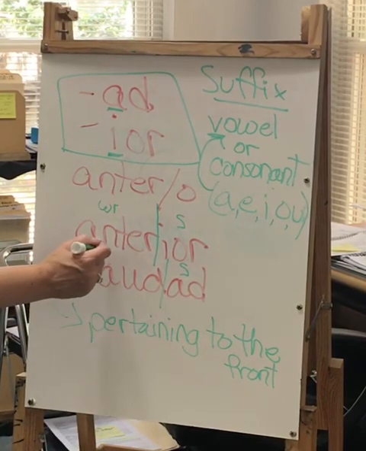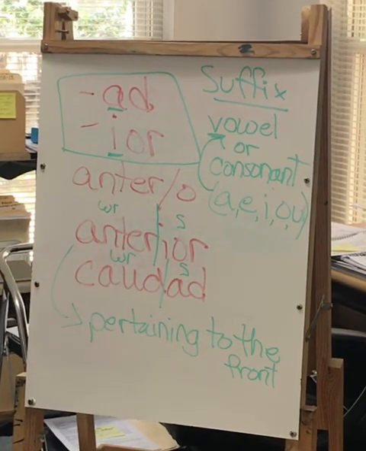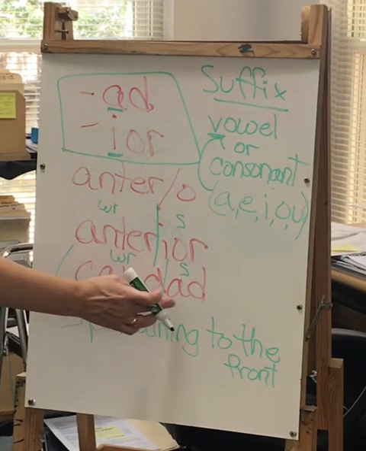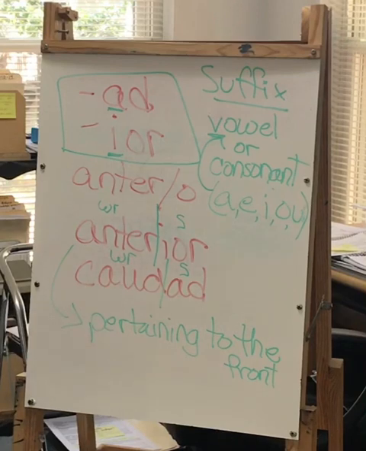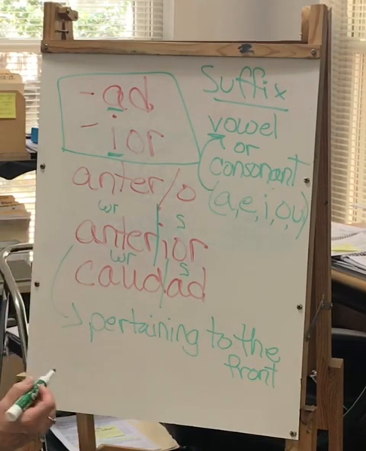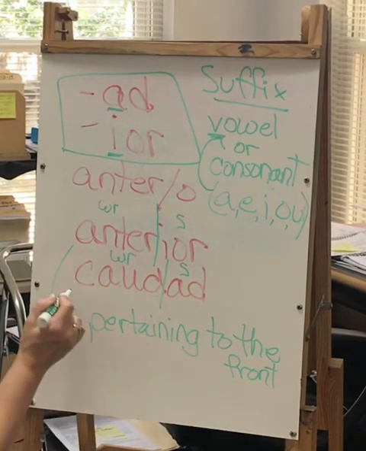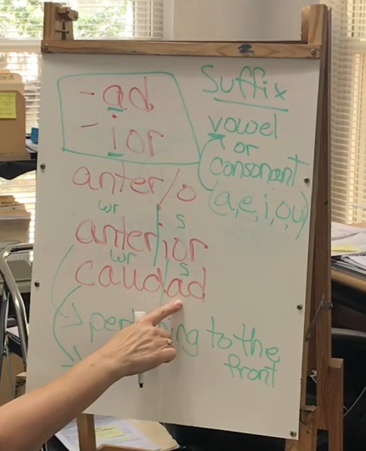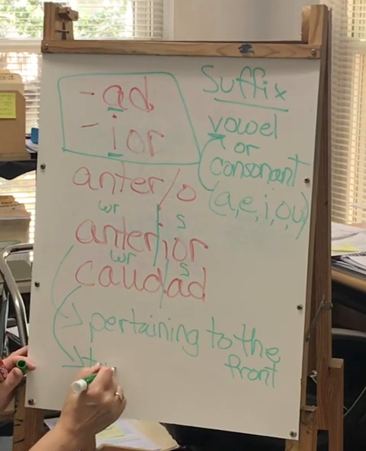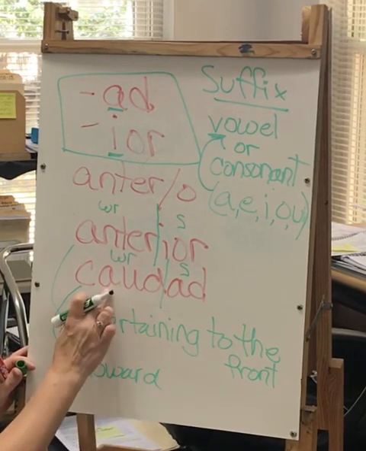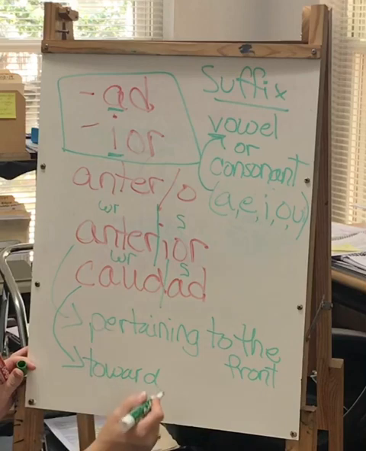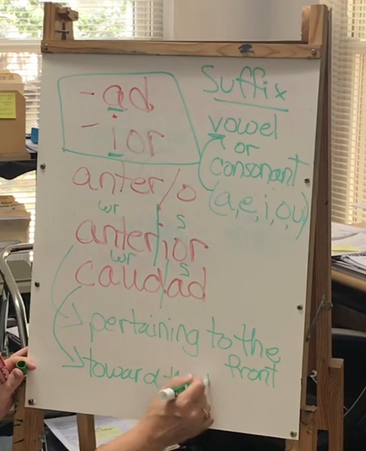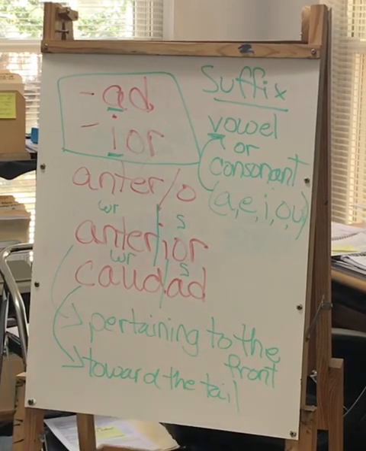Caud was a word root. That's all I have to write. There's no combining vowel because this started with a vowel, your suffix. So I have no combining form. And my definition for caudad, starting with the suffix, which means toward. Toward. Caud was tail. Toward the tail. And that's my analyzing and defining.